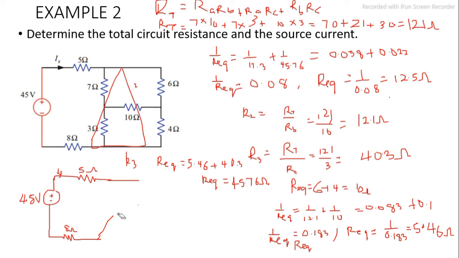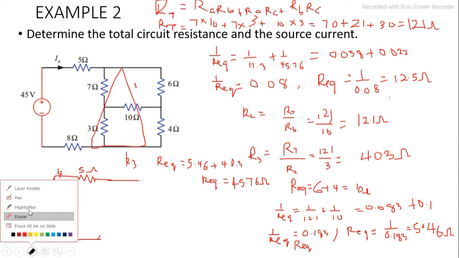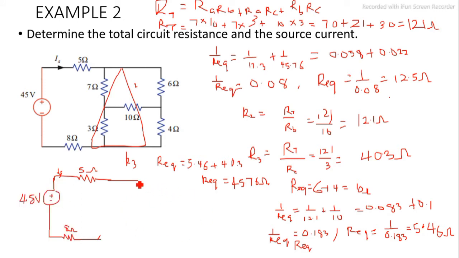So let's assume we want to replace this with one single resistor. These two give us just one single resistor, which is 12.5 ohms. Now note, these three now they are in series. The same current will flow like this.